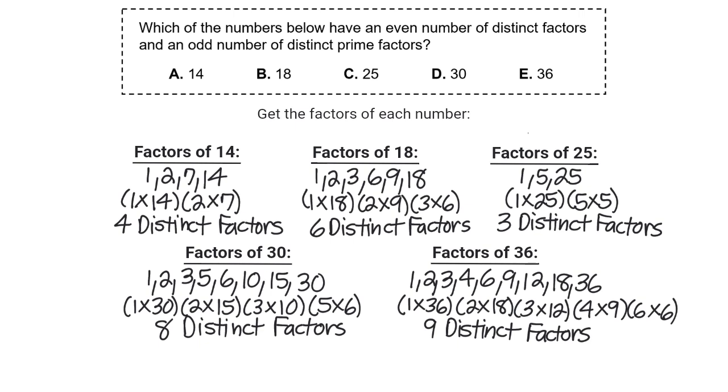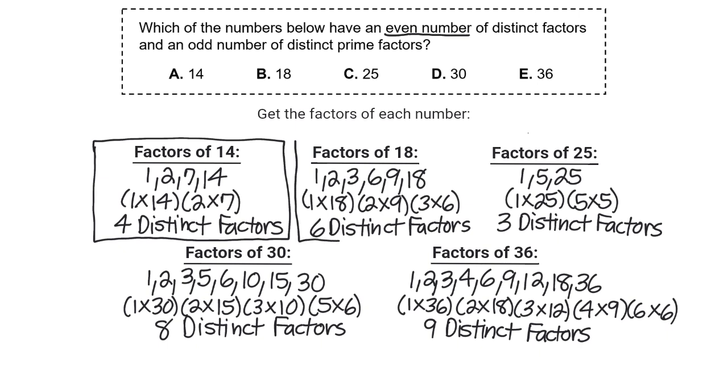Now they are looking for numbers that have an even number of different factors, and it looks like 3 of these numbers do. 14 has 4 different factors, so it has an even amount of factors. 18 also has an even amount because it's got 6 different factors.